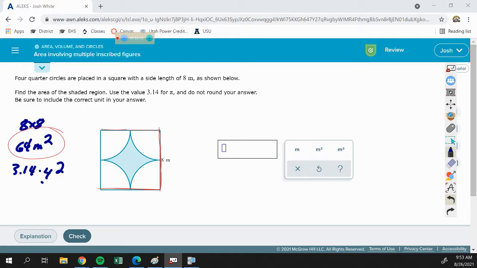So this is the rectangle. This is all four pieces of the circle put together. And we would subtract them, and the difference is going to be that. Okay? All right.